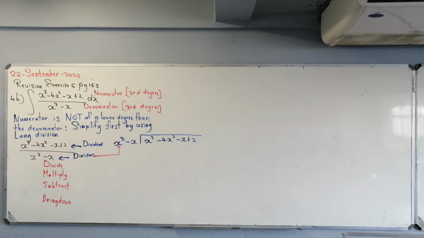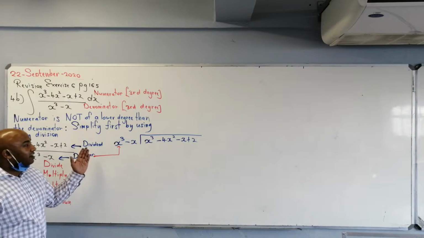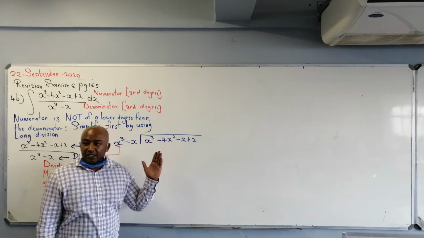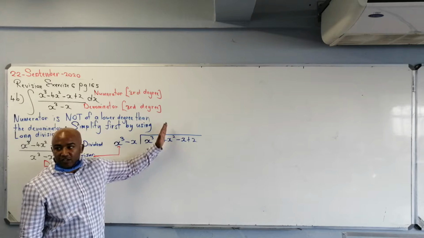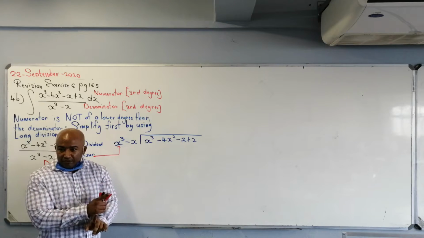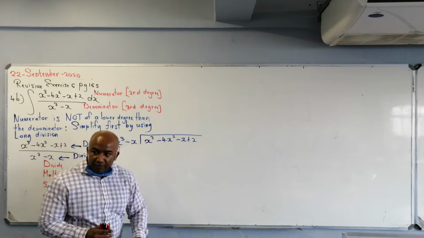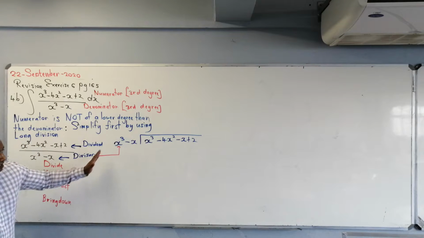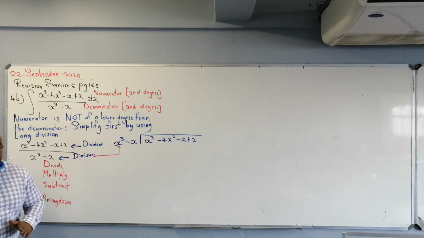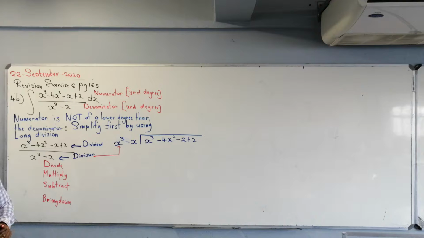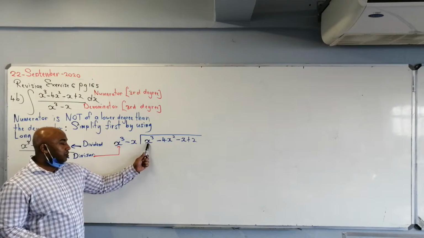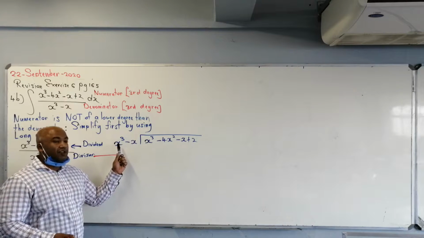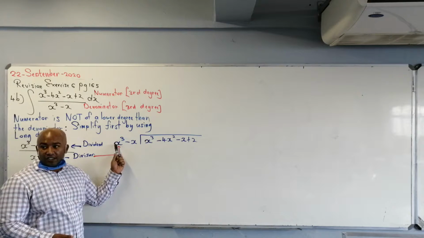So, what do you divide? First of all, everything must be from highest to lowest here. That means you got x to the power 3, the next one must be x to the power 2. Don't mix it up. Okay, highest to lowest. Now, even this one, your divisor, your dividend must be from highest to lowest. Now, you start dividing. So what are you going to do? You're taking the dividend over the divisor all the time.